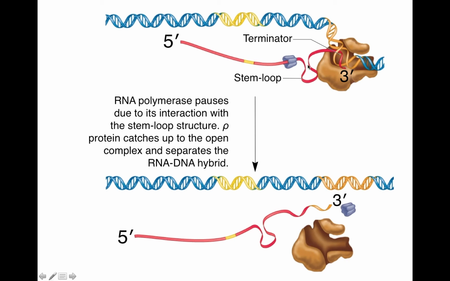The stem loop, remember, has hydrogen bonded nucleotides here and a single-stranded region here. RNA polymerase pauses due to its interaction with the stem loop structure. When RNA polymerase pauses here, Rho, which can travel along the RNA, catches up to the open complex and separates the RNA and DNA hybrid, and everything comes apart and transcription is terminated.